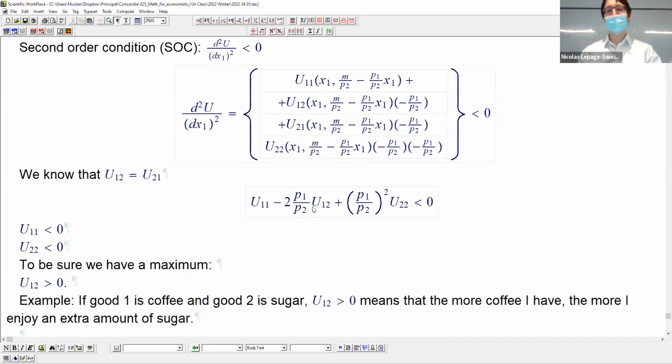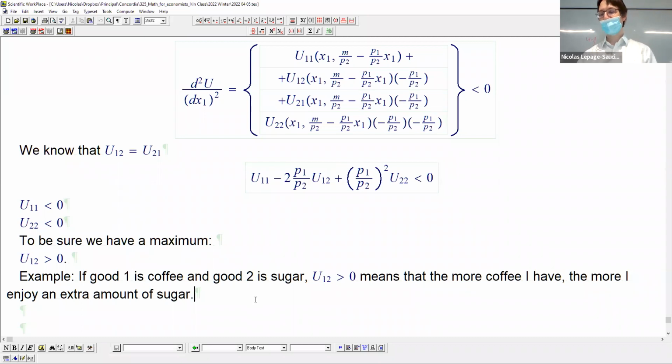In all, if for whatever reason they're not complements but rather substitutes, then these two terms must be big enough that they counteract the impact of that term.